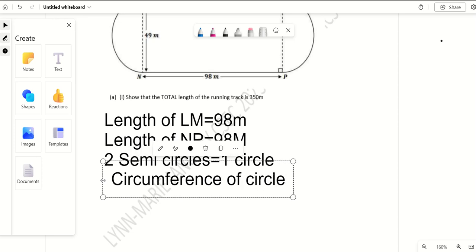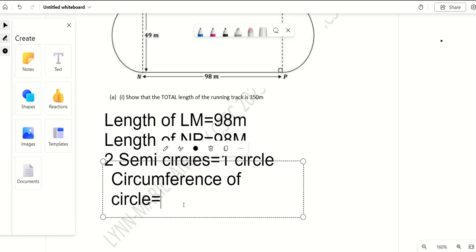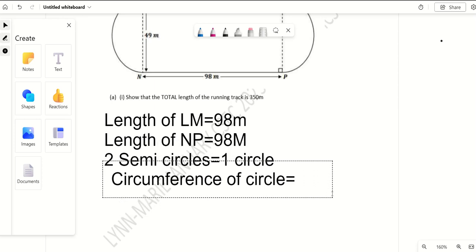Now, the circumference of a circle is equal to 2 pi r or pi by diameter.